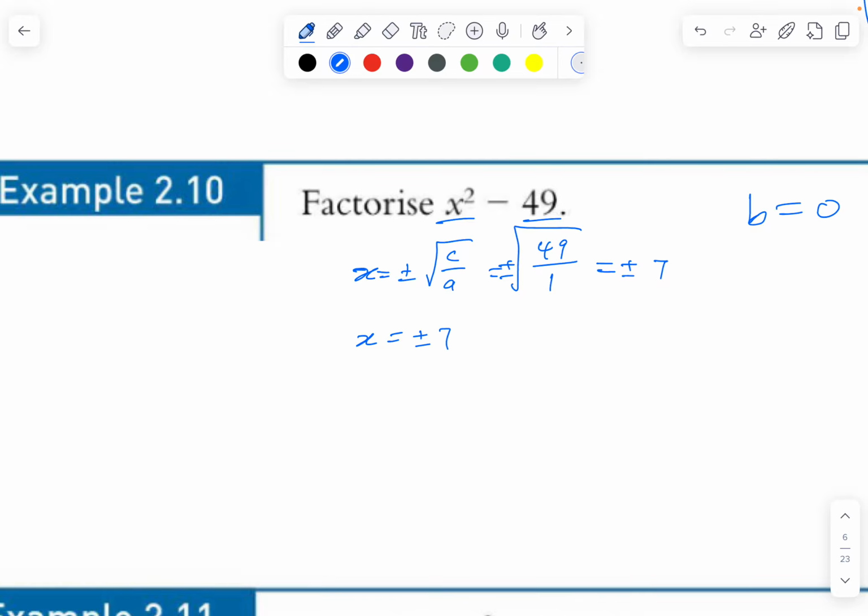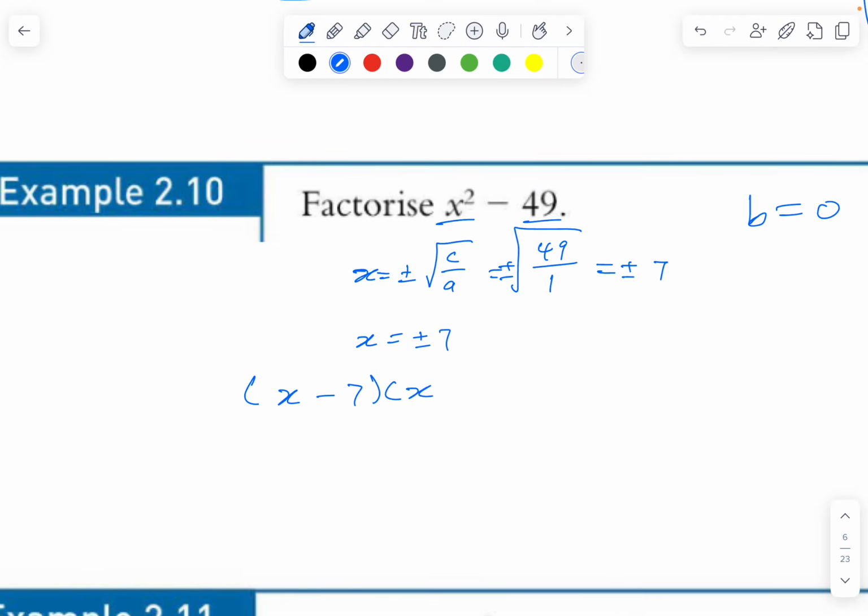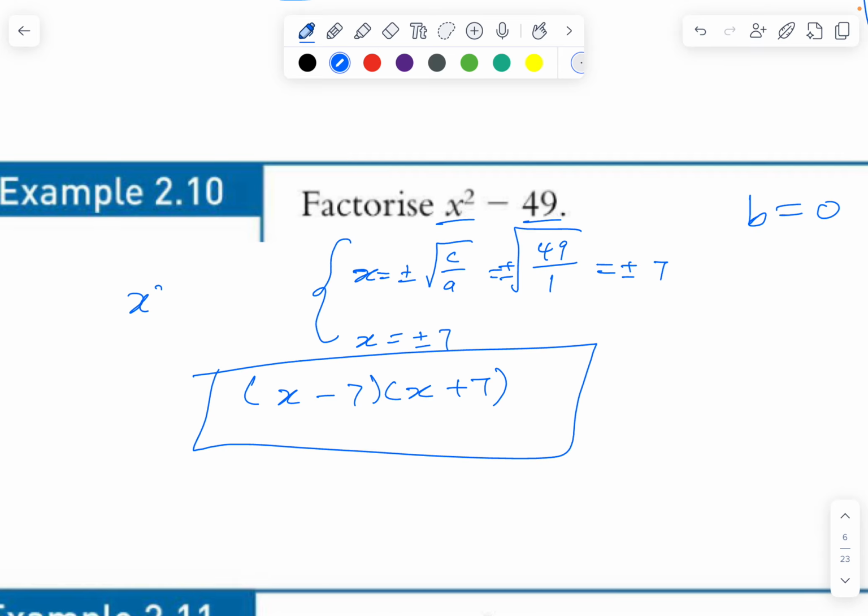But we want to factorize it. So it's x minus 7, x plus 7. This is the answer they are looking for. This only applies if you have x squared minus 49 equals 0, which is an equation, then we have to find the values of x.